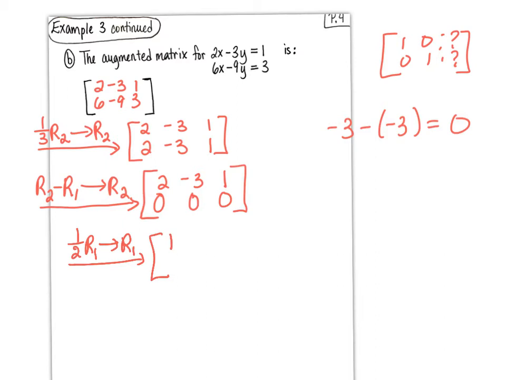You get 1. What's the next? -3/2 and 1/2. Good. What's about row 2? 0, 0, 0. So the way we interpret this is translating it back to equations.